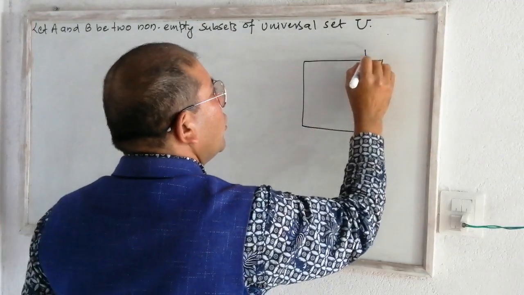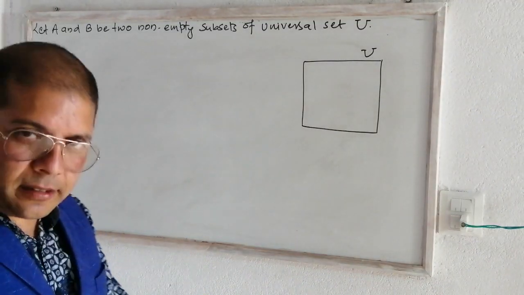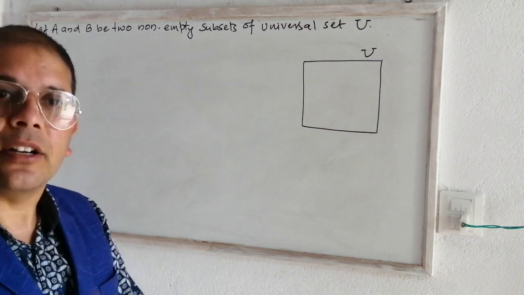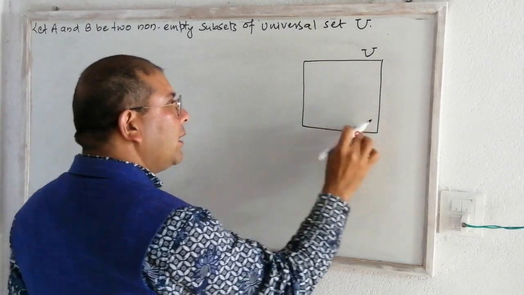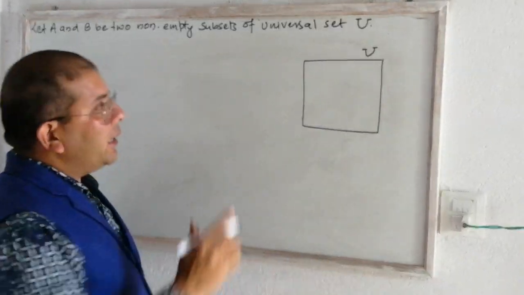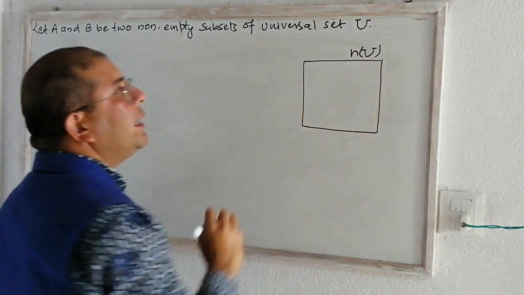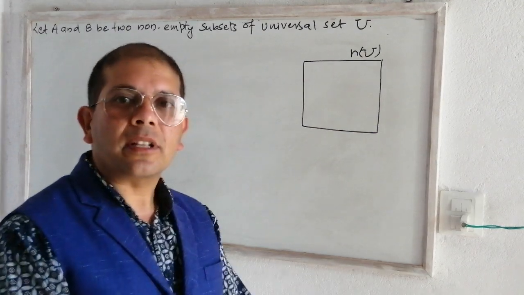It is universal set. It is a rectangle. A rectangle always represents a universal set. Don't forget. And how many elements are in this universal set? It is written as n of U, and this is the cardinal number of the universal set.